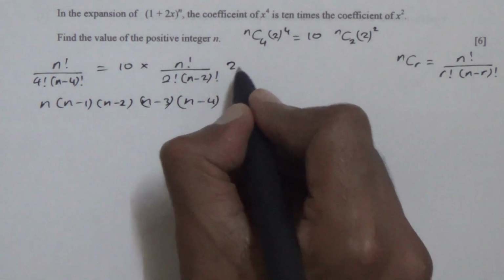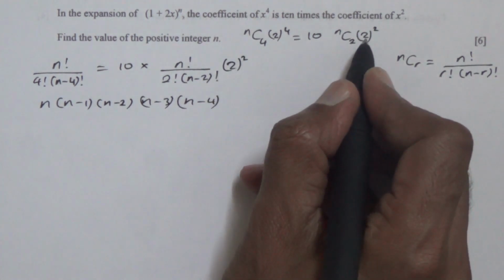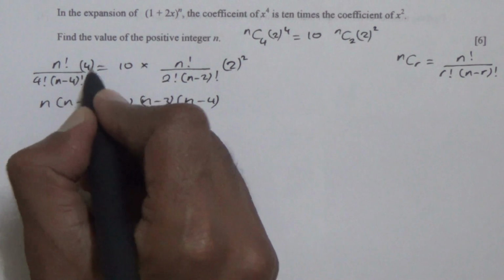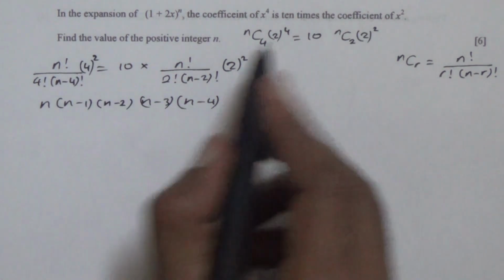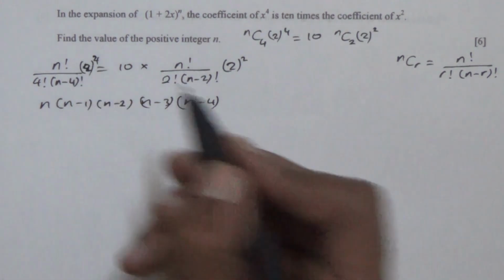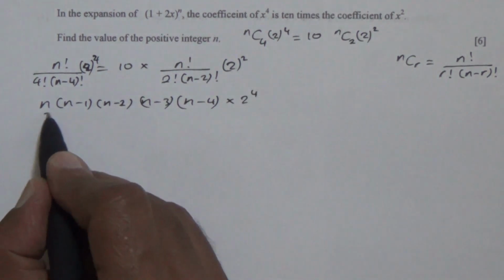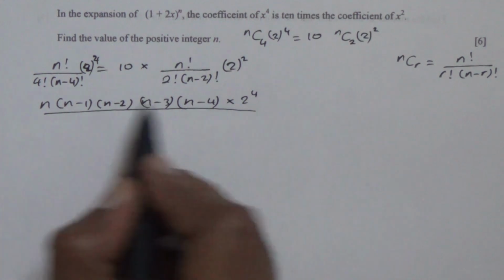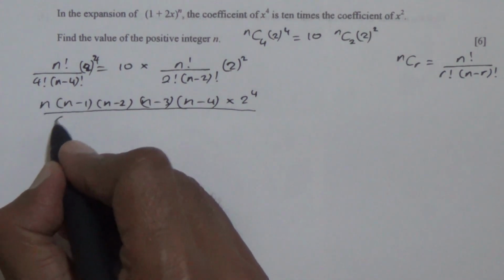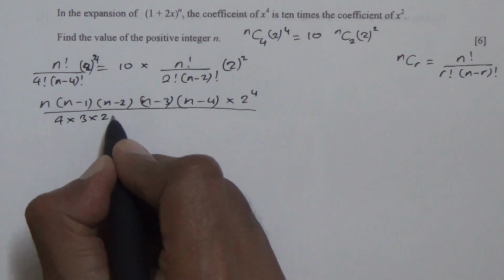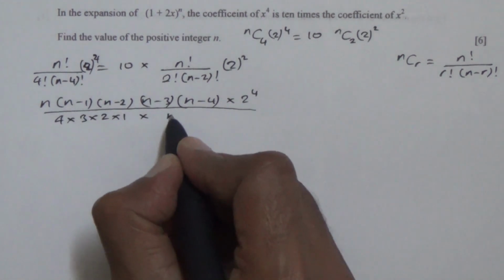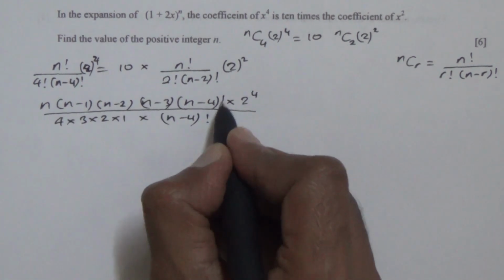Remember, we need to put the 2 to the power 4 here, and all of that should be divided by this. What is 4 factorial? It is 4 times 3 times 2 times 1 times n minus 4 factorial.